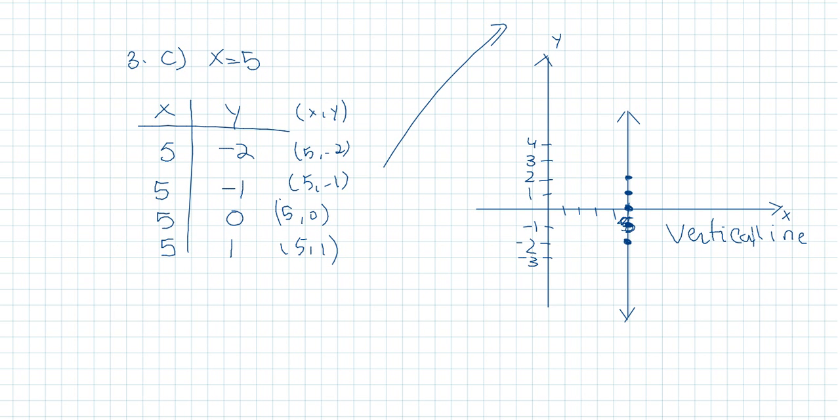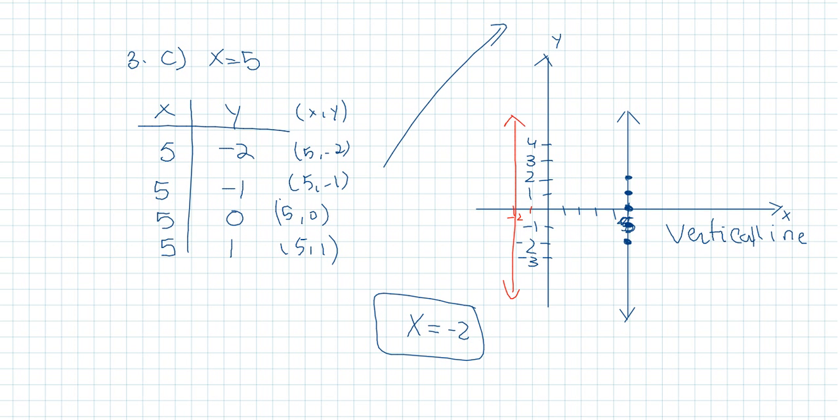Okay? So without even thinking about it, if I'm given an equation x equals negative 2, for example, I just have to go to negative 2 and draw a vertical line at negative 2.